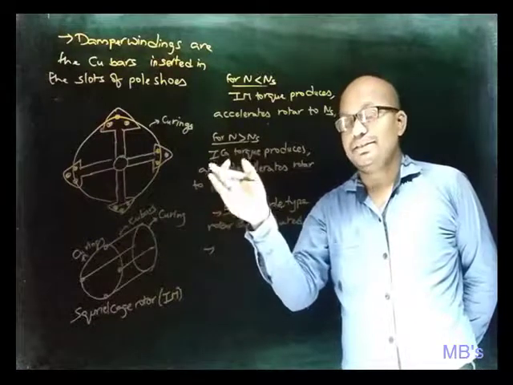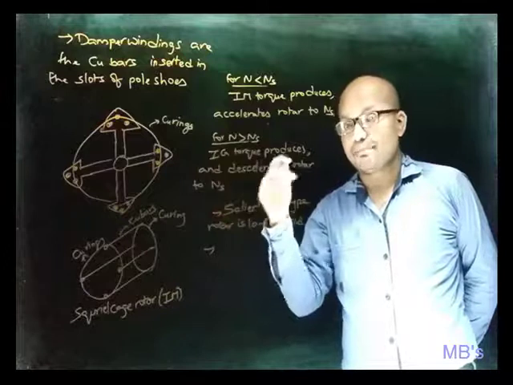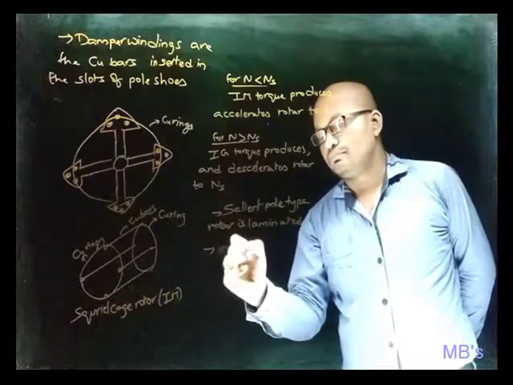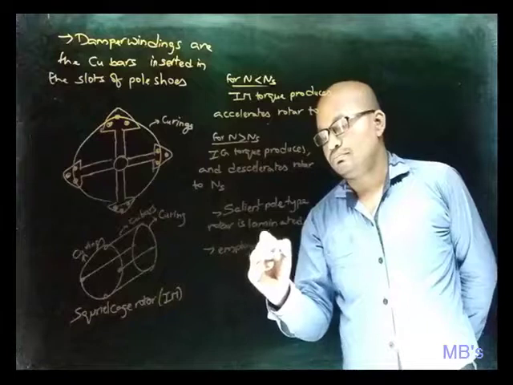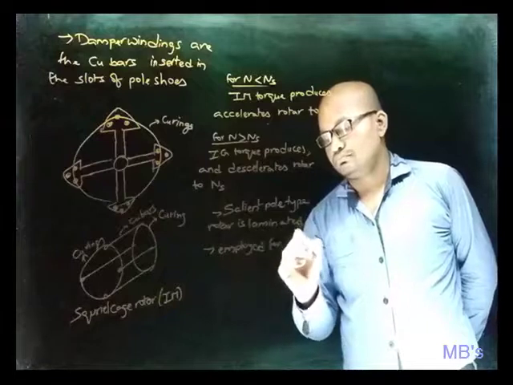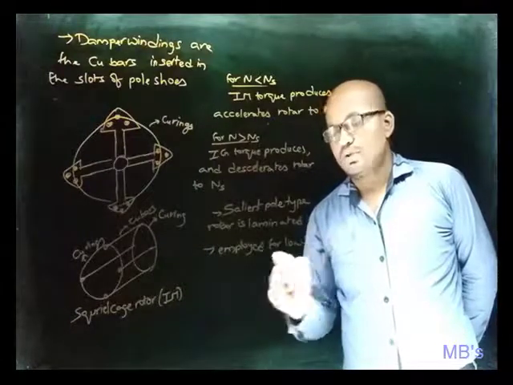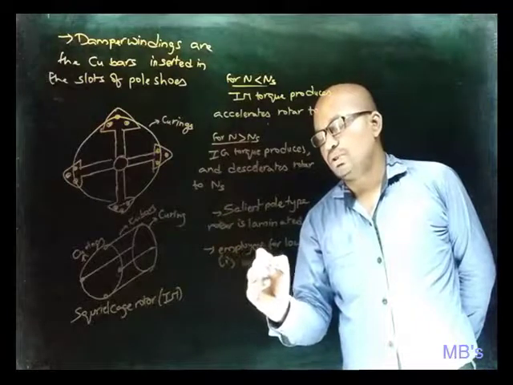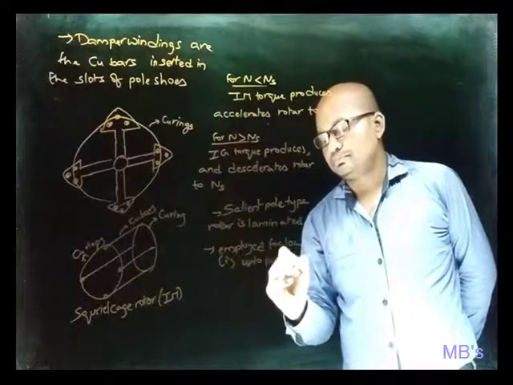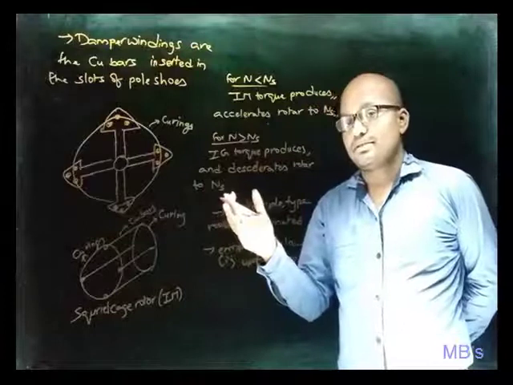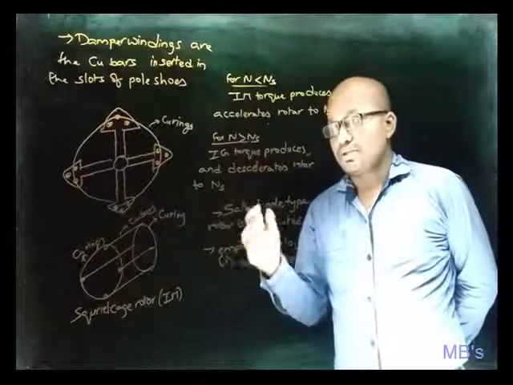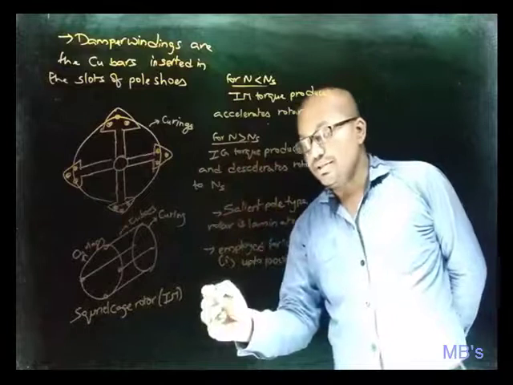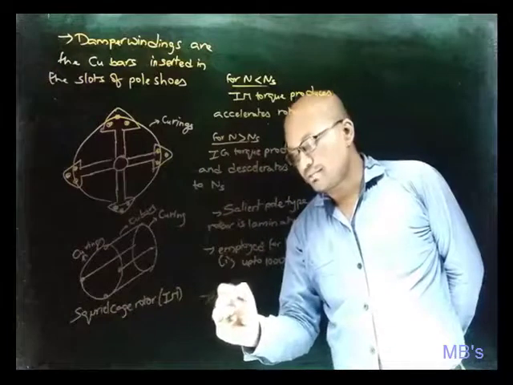That is why this type of rotor structure is employed for low speeds, that is up to 1000 rpm. As this is employed for low speeds, rotor-employed alternators are used in hydro power plants.